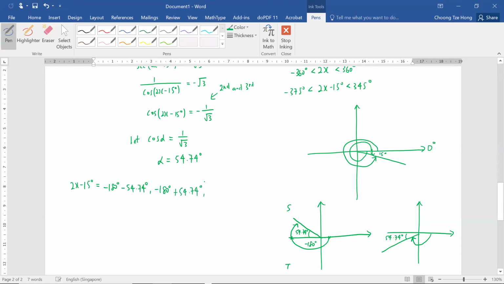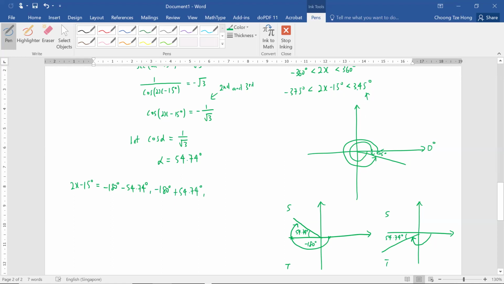These are the only two negative angles because we want the second and third quadrants. Even this extra 15 degrees doesn't matter because there's no angle in the fourth quadrant.